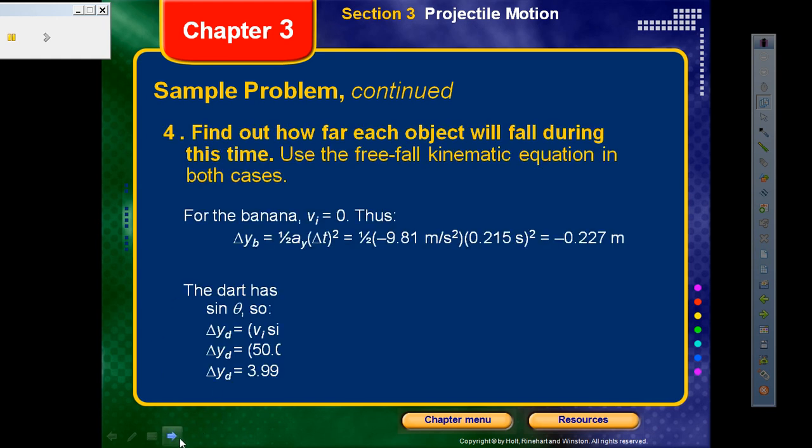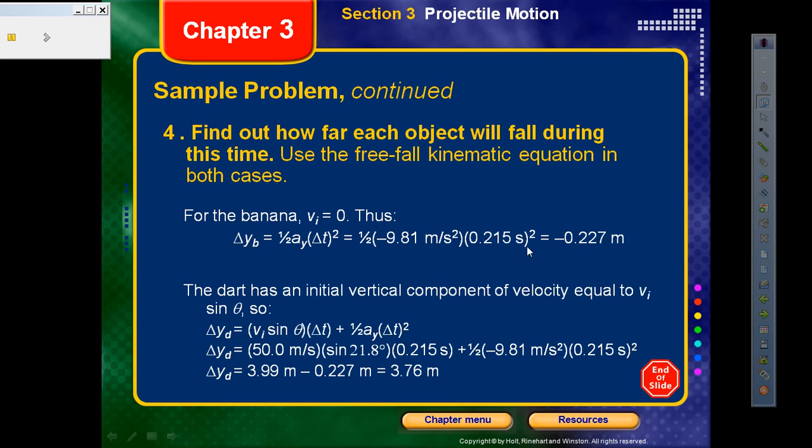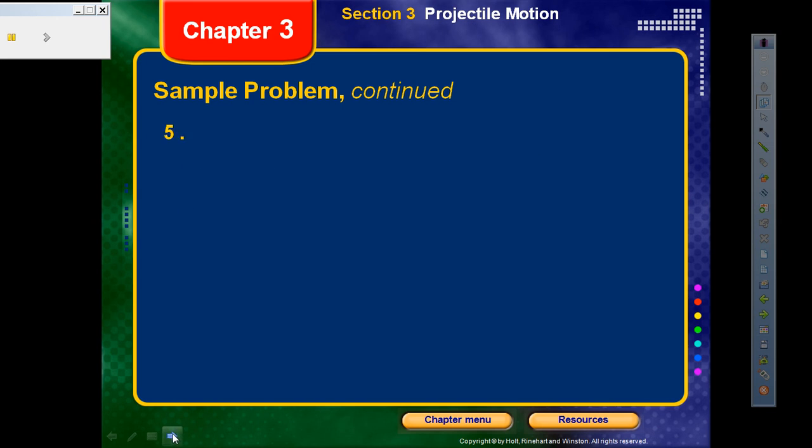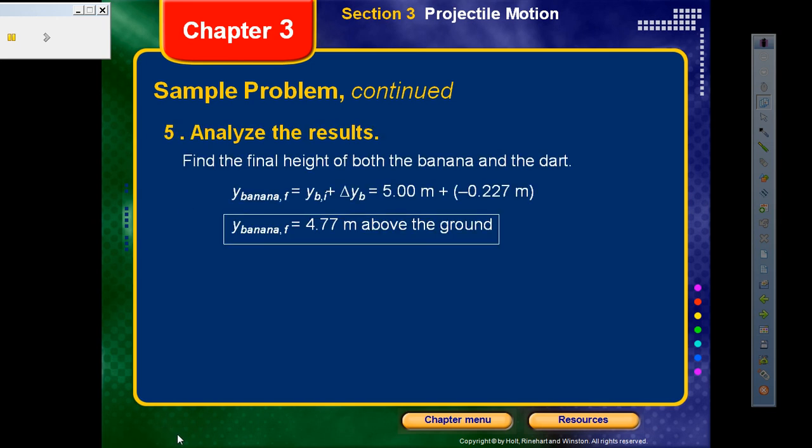They got 215. They got 227. So we had some little rounding things going on, I think. But pretty close. 3.76 was the dart. But remember, you got to add that other meter because the tip of the barrel was a meter off the ground.